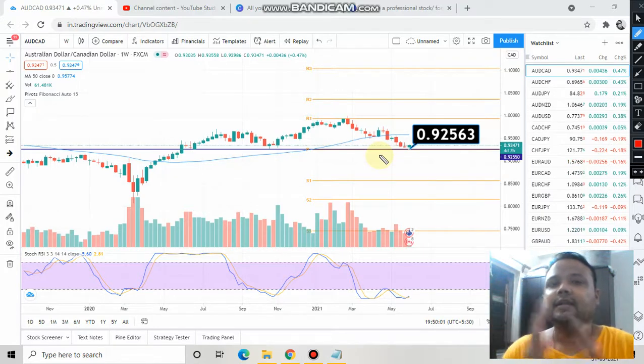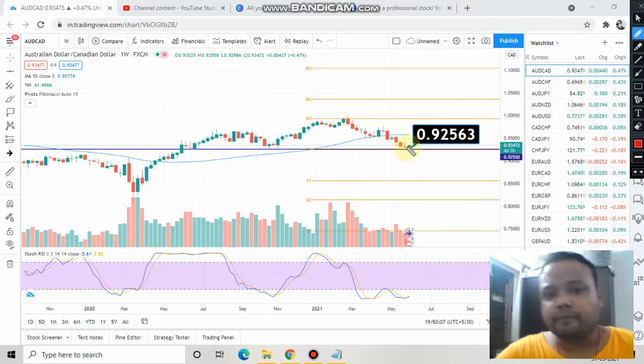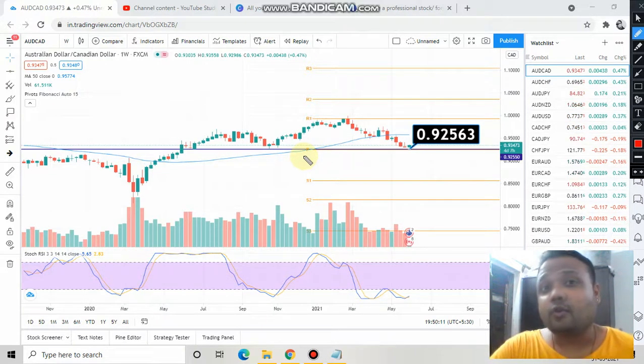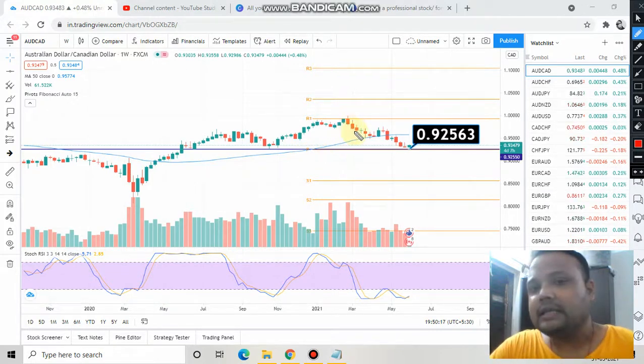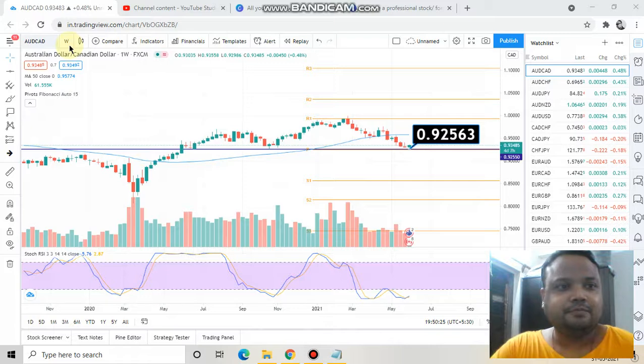These are the levels that we should not mess with, and this support level is also extremely important. As I already mentioned, market is heavily oversold. That's why do not expect much and be careful, because the market is coming down for a long period of time.